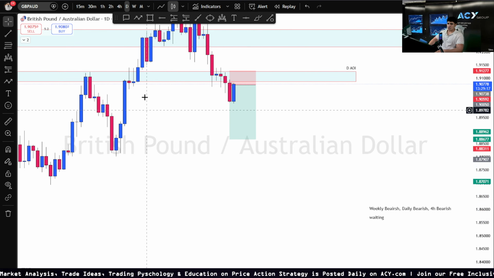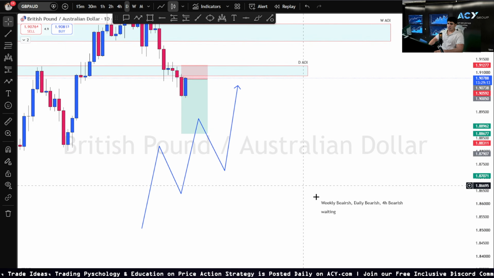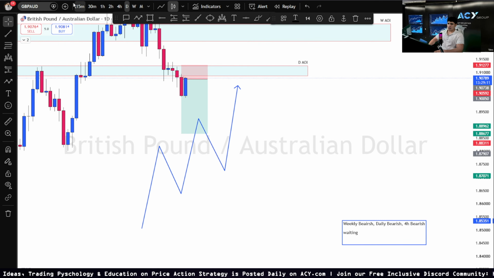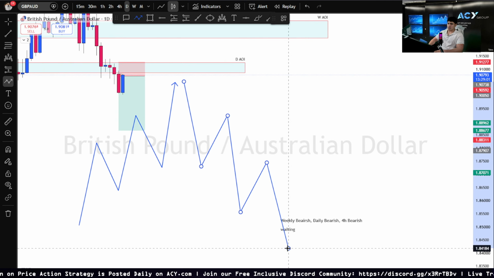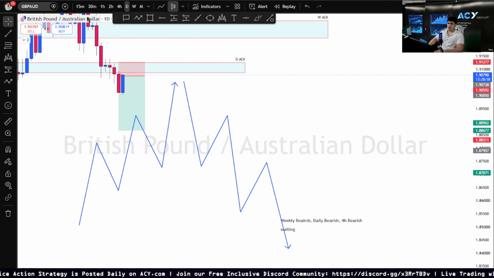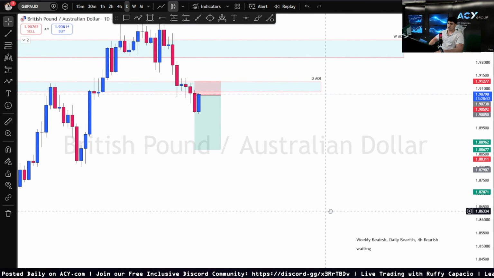Once GBP AUD goes to the upside, meaning the GBP, or the sterling, or the pound, is getting stronger than AUD. Once GBP AUD goes to the downside, meaning AUD is getting stronger than GBP. That is the basic context on trading Forex.